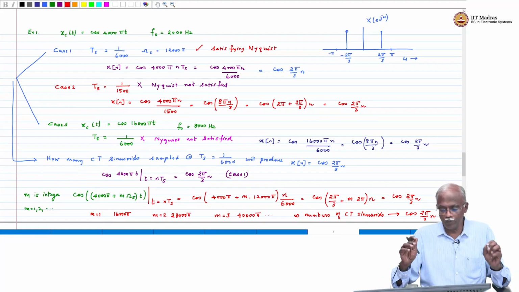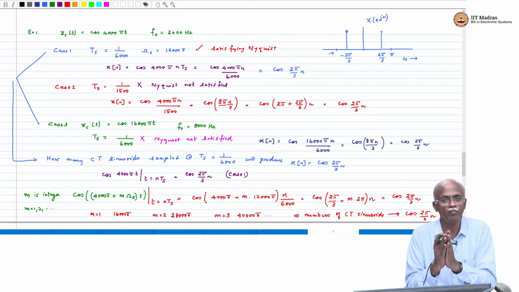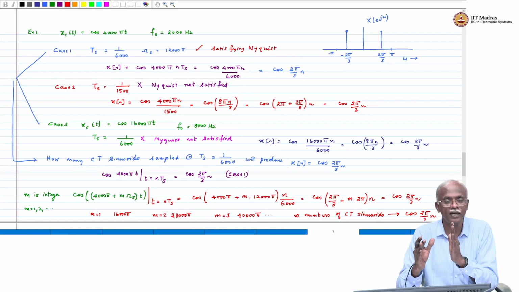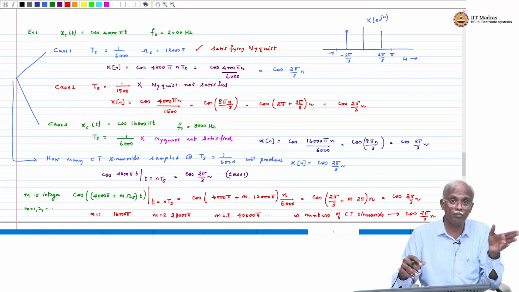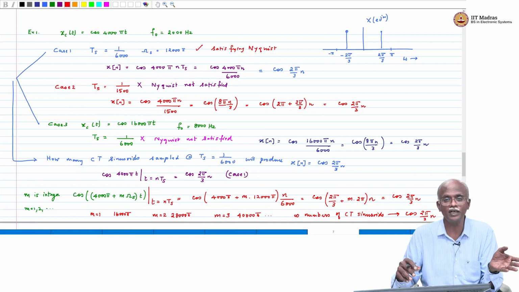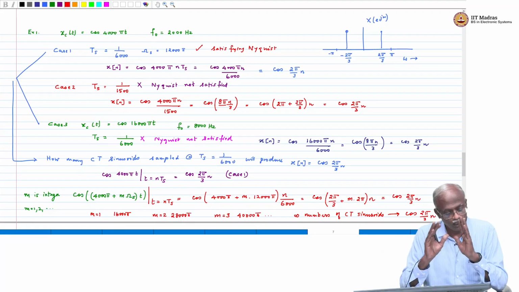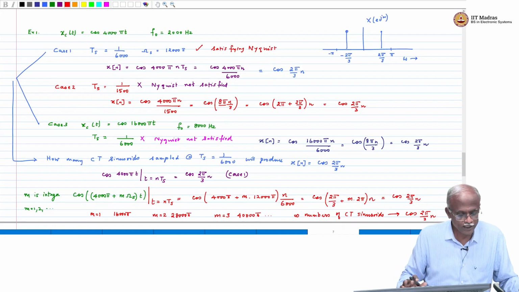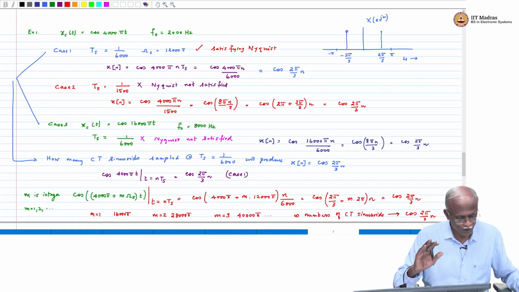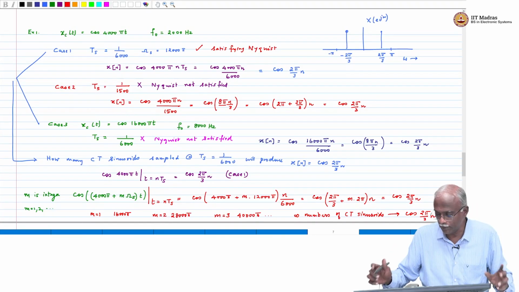This example is important for you to visualize the process of sampling, what happens when aliasing comes in, why more than one continuous time signal can be mapped to the same discrete time signal, and under what conditions we can recover the original signal. The original signal can only be recovered when you satisfy the Nyquist criterion. I hope you are comfortable with that, because this is going to be an important aspect of the whole sampling process.